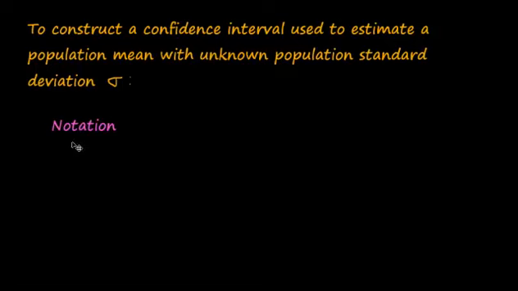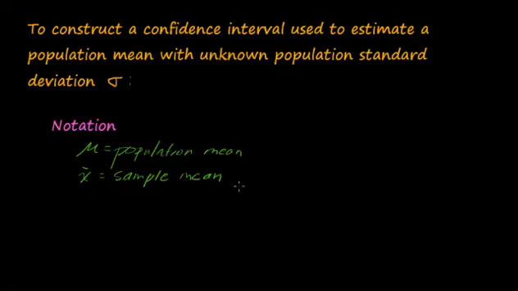So we've seen a lot of these things before. Mu is our population mean, the parameter we wish to estimate. X bar is our sample mean, the point estimate we will use to create our confidence interval estimate. S is our sample standard deviation.